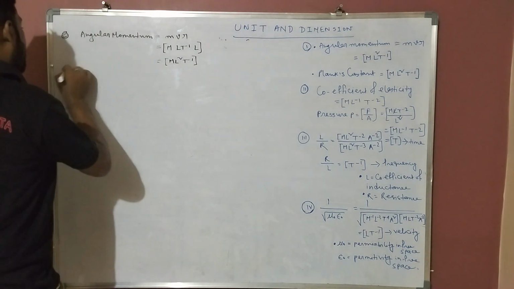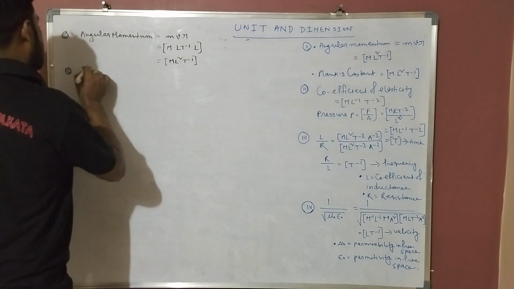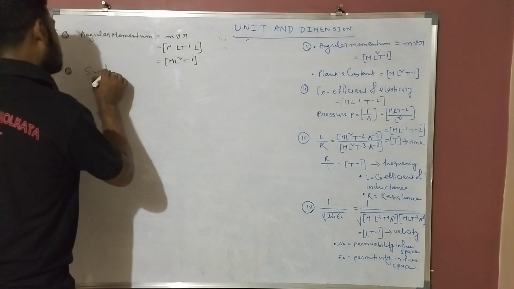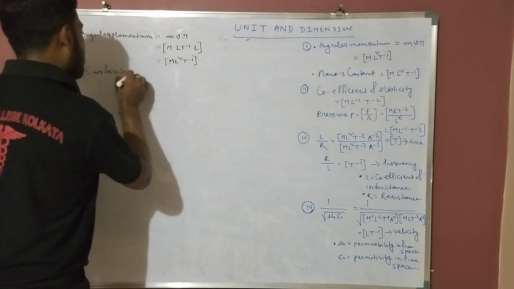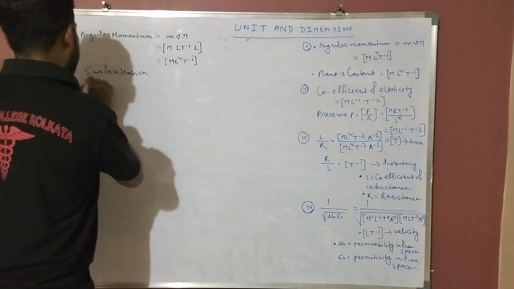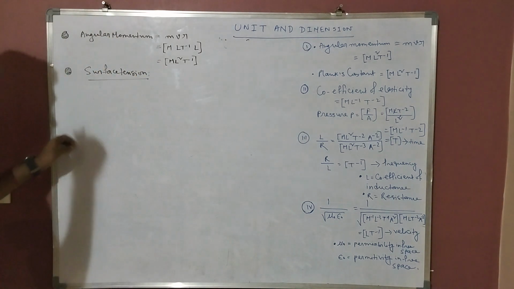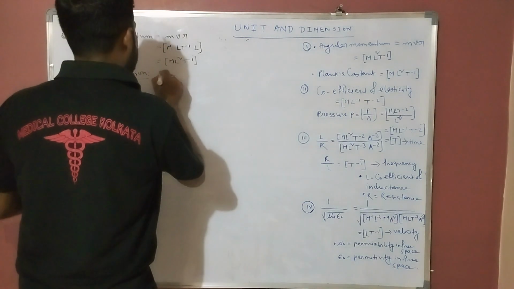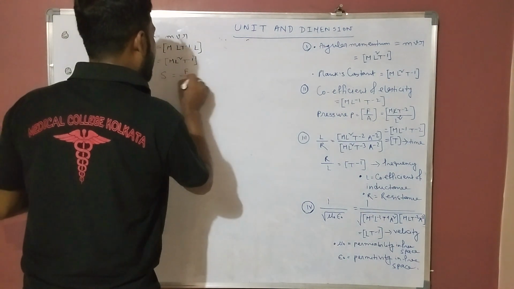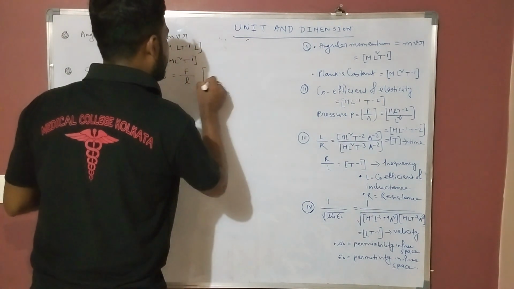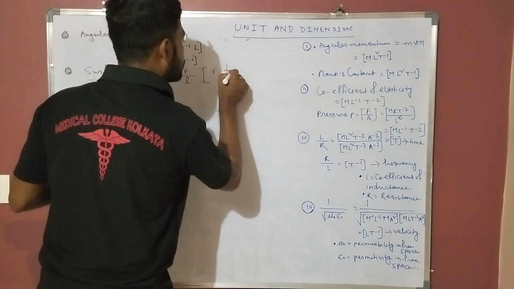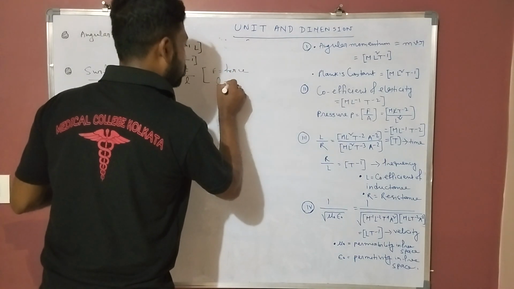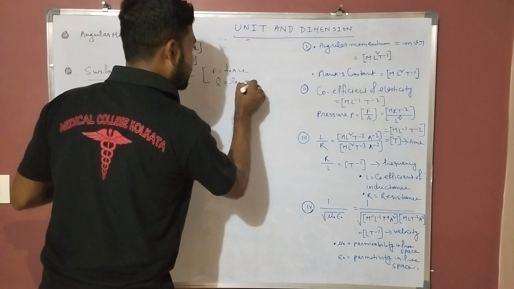Now tell me the dimension of surface tension. Surface tension S is equal to, we know, F by L, where F is force and L is length.